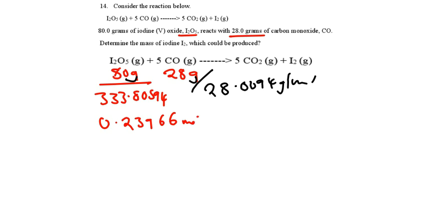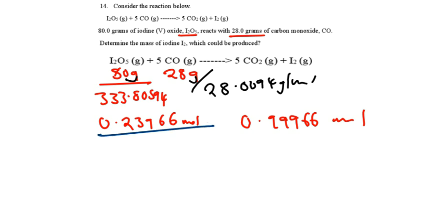That's the number of moles. For carbon monoxide, 28 divided by 28.0094 is like a 1, 0.99966. We can use any of the two. I'll use the first one.